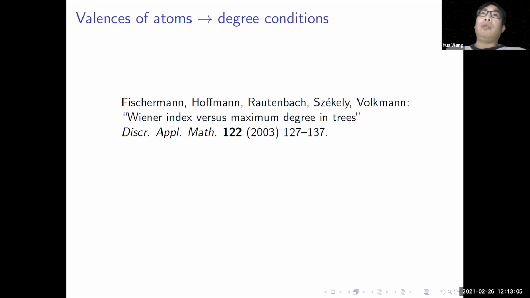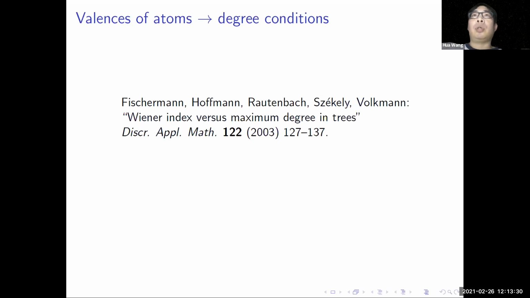And now if you go back to the Wiener index itself, the original application was on chemical compounds, in which case the degree of the vertices is also very often restricted, in which case, if you have a carbon, you cannot have degree more than 4, something like that.